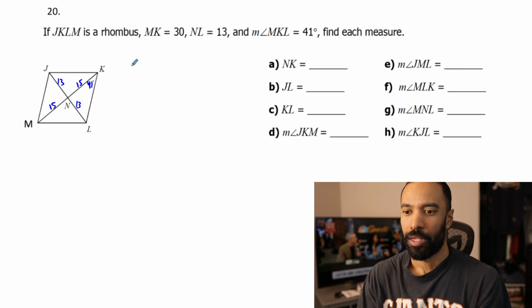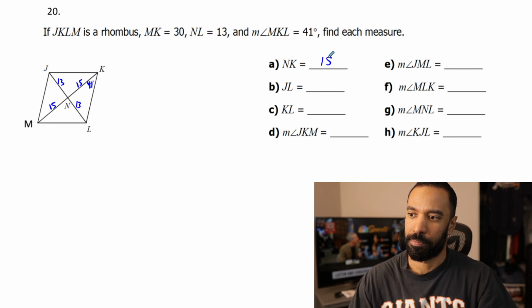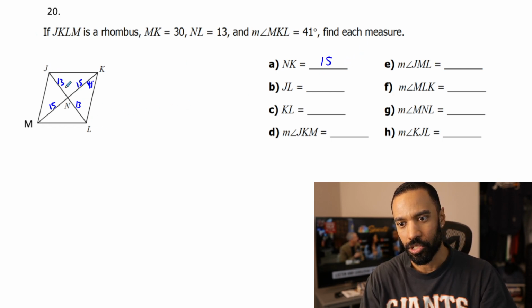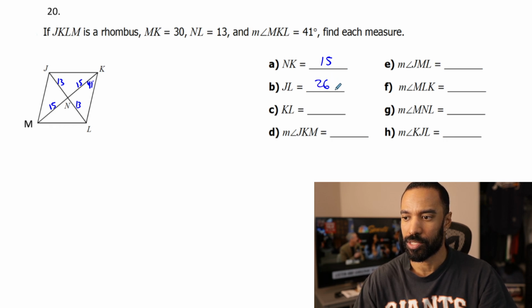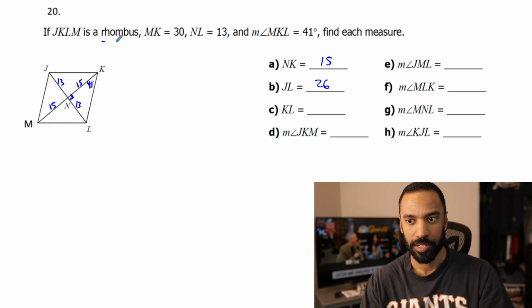Find each measure. Okay, the length of NK is 15. I already got that one because of the bisected diagonals. JL is both 13s, so that's 26. KL: the Pythagorean theorem is going to be used. Remember, diagonals are perpendicular to each other in a rhombus.